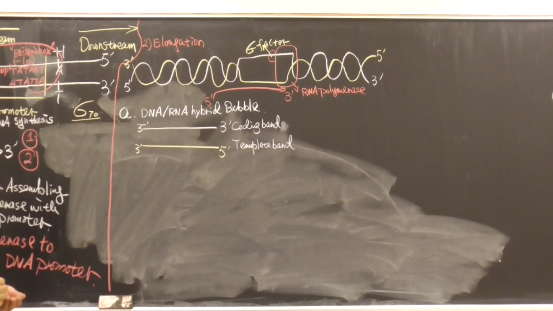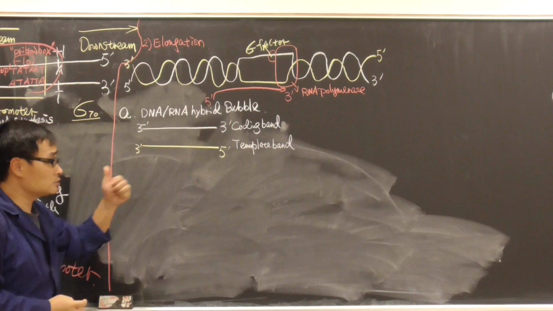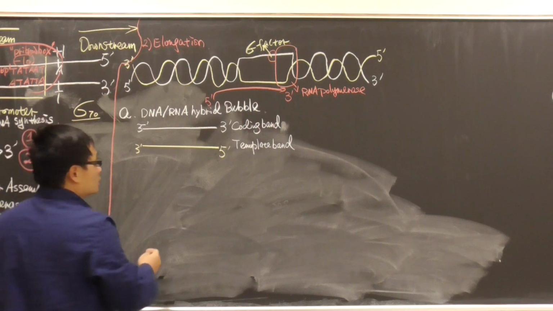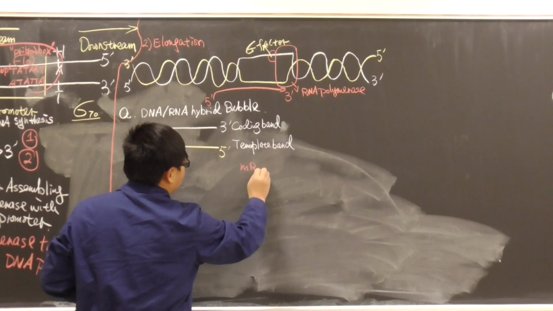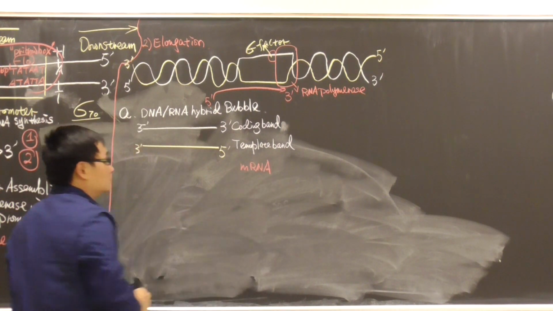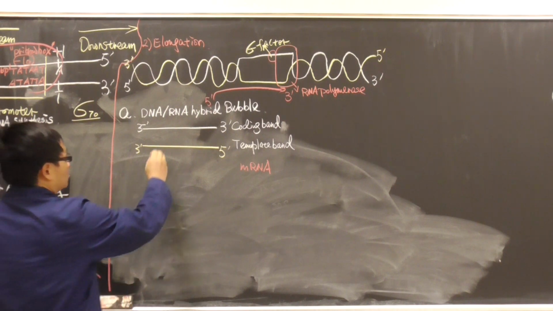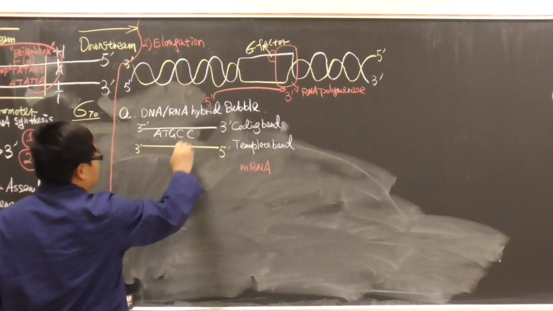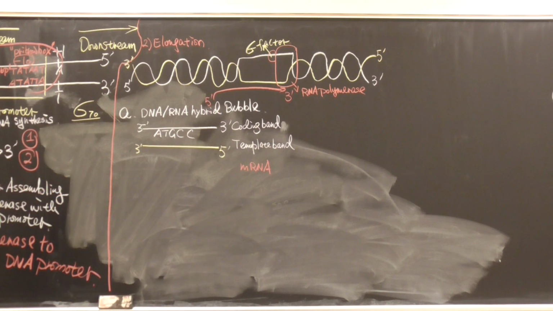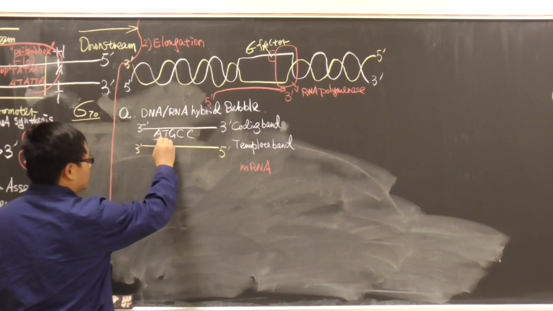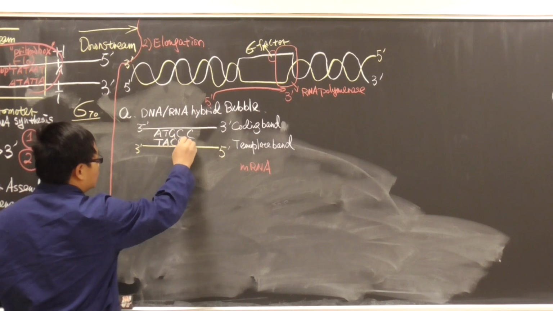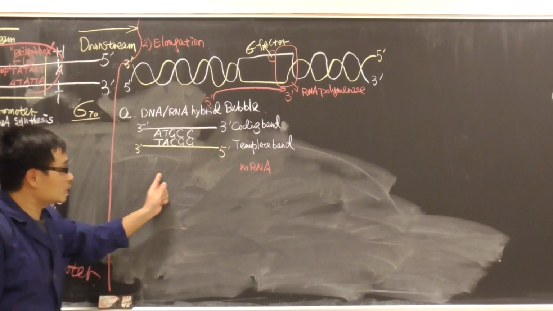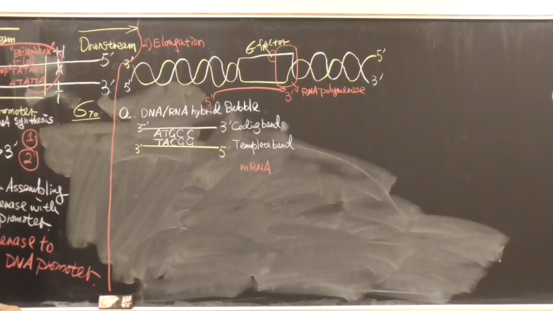Now, why do we say it's a template strand? Because based on gene complementary pairing, they're going to have the mRNA come out. So let's do some review. If we have A, T, G, C, C, let's just say short 5 base pairs. Here we're going to have T, A, C, G, G. What is this mRNA going to look like?